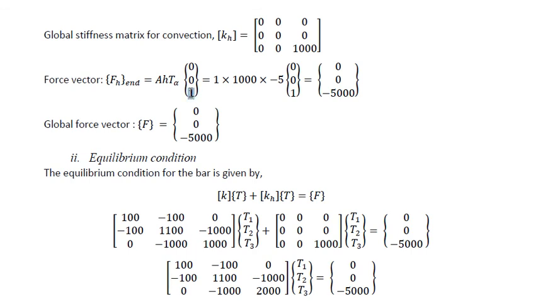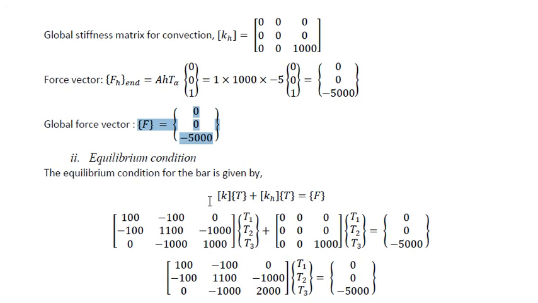So A H T alpha times [0 0 1] becomes [0 0 -5000]. Since there is only one force vector, that itself is the global force vector. There are no other types of convection, internal heat generation, or other forces applied.